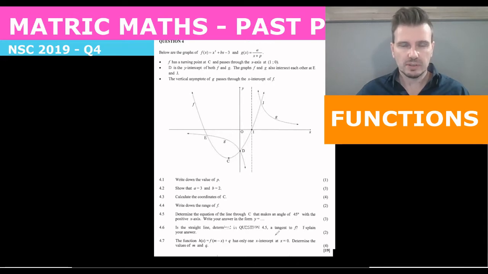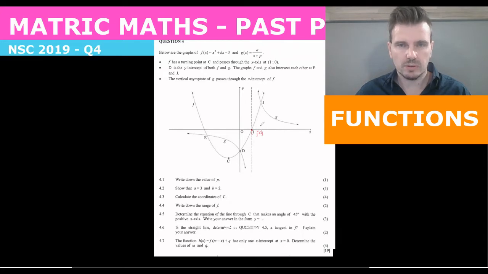So we are given a graph, f of x equals x squared plus bx minus 3. So that's your parabola. And g of x equals a over x plus p, which is our hyperbola. We are told the parabola goes through the x-axis at (1; 0).